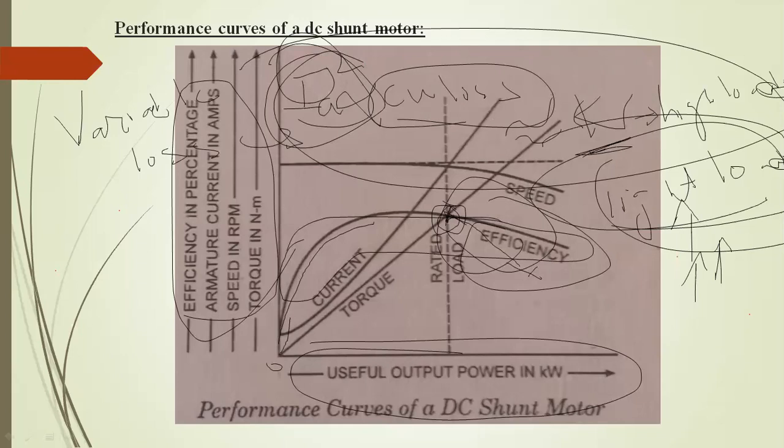The main point you have to remember: when is the efficiency of the shunt motor going to be maximum? Anyone? The point which was discussed is the maximum point, whenever the variable losses are equal to the constant losses.